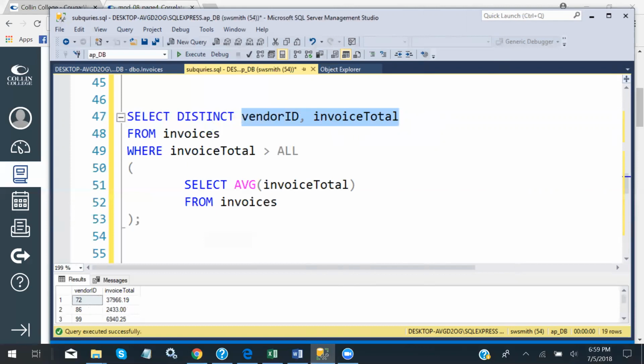The distinct applies to everything after it. So you don't say distinct vendor ID, comma, distinct invoice total. It's that record, that row, that is either distinct or you're allowing duplicates.